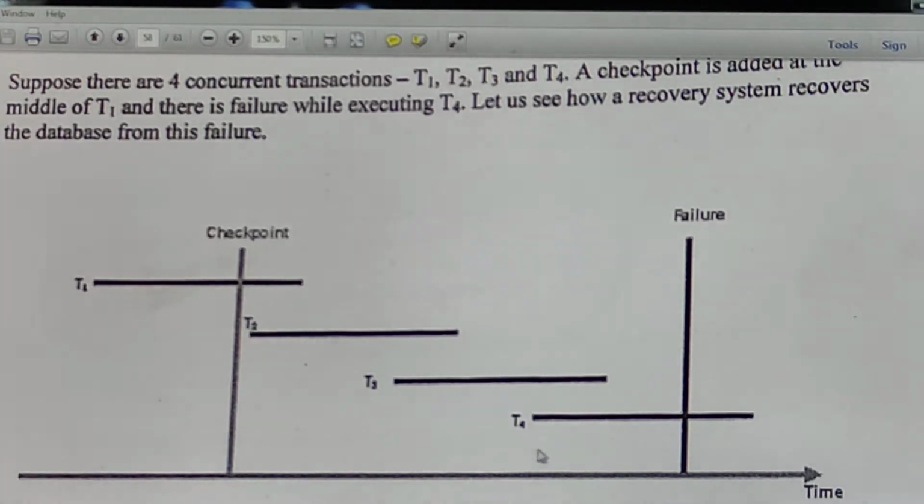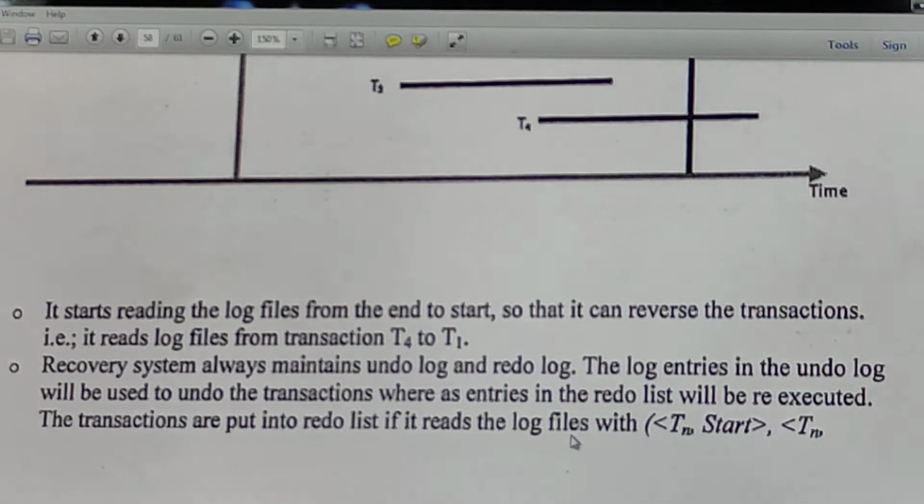But the transaction T4 has started but failed, and because there is no commit operation of T4, it will be put in the undo list, and the changes that T4 has done will not be written back on the database, and the data items that T4 has updated will be restored to their earlier state.